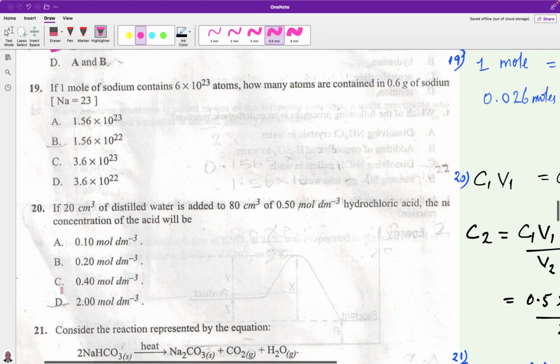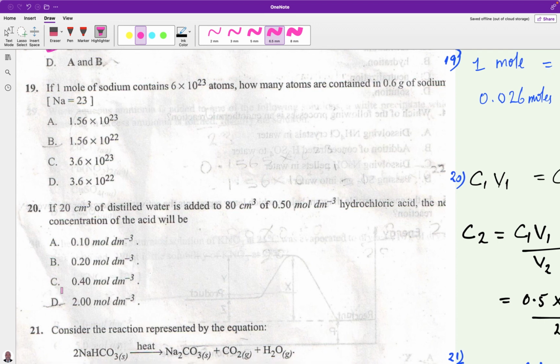Number 19. If 1 mole of sodium contains 6 times 10 to the 23rd atoms, how many atoms are contained in 0.6 gram of sodium?